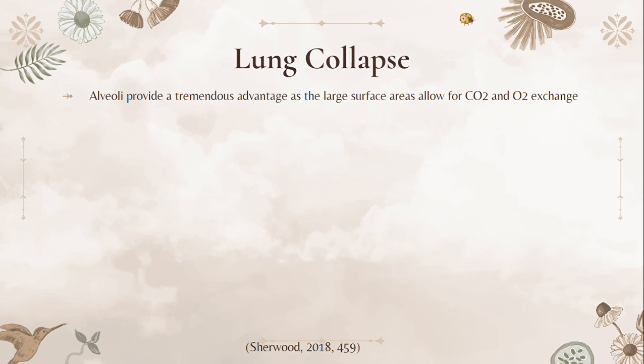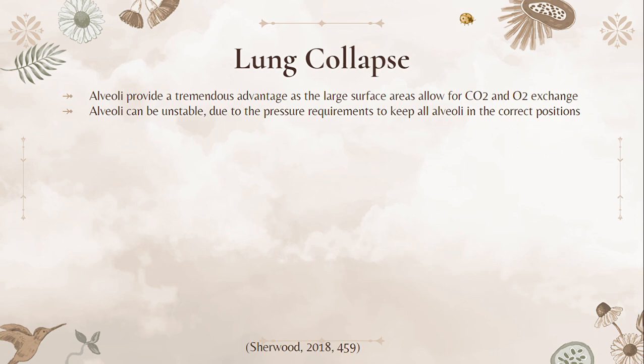It will take longer for a sugar cube to dissolve than a single grain of sugar, because that single grain has more surface area available to the water. Whereas if it were in a sugar cube format, it would not, because most of it's in the cube. Same thing with alveoli, because they increase the amount of surface area, and that increased surface area allows for carbon dioxide and oxygen exchange as a part of respiration.